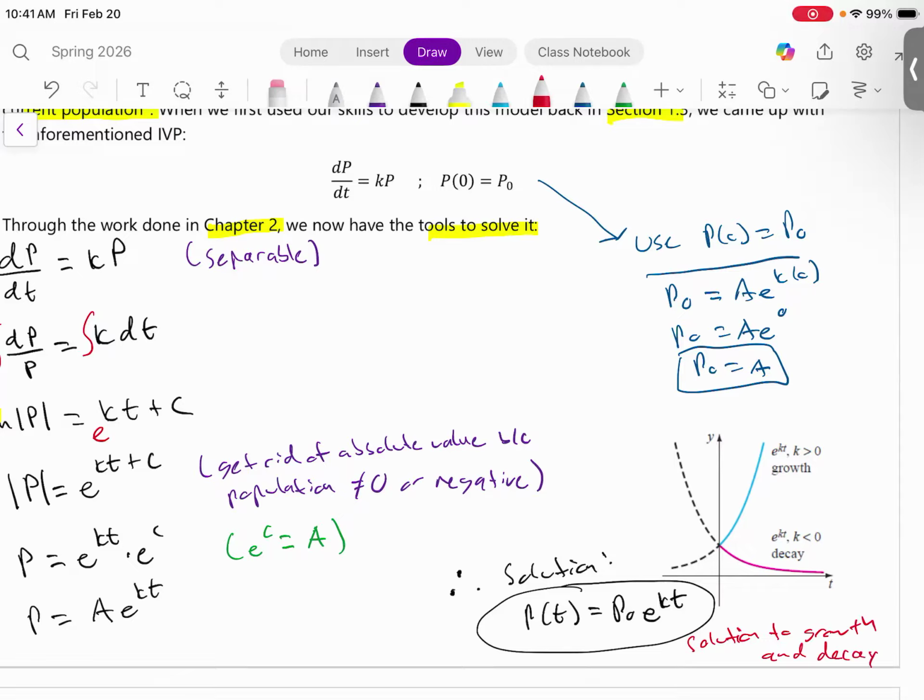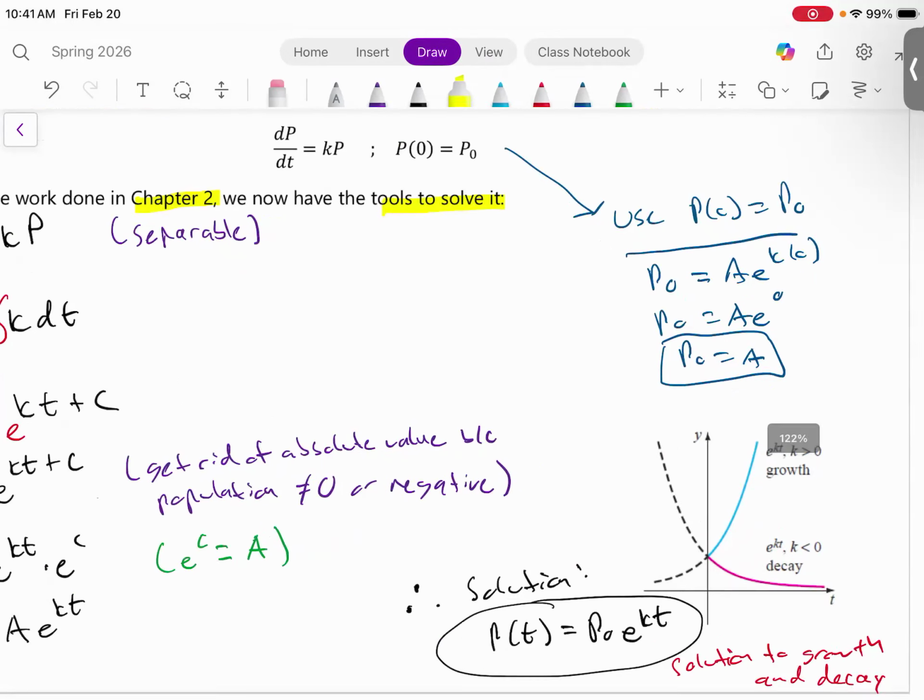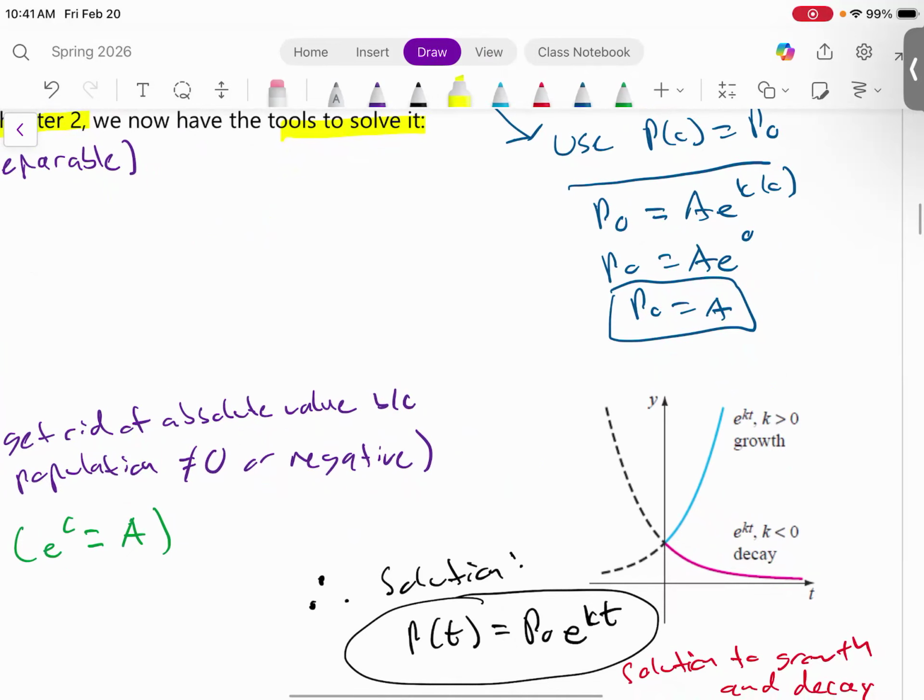So the great thing about this solution is that this will always be our solution to this growth and decay model. We don't always have to go out and find it. We know this will be our solution, and we can always just adjust to whatever the problem is giving us. So that's the great thing about this model. If you look at the graph right here, just some intuition: if our proportionality constant k is positive, that means our population is growing.